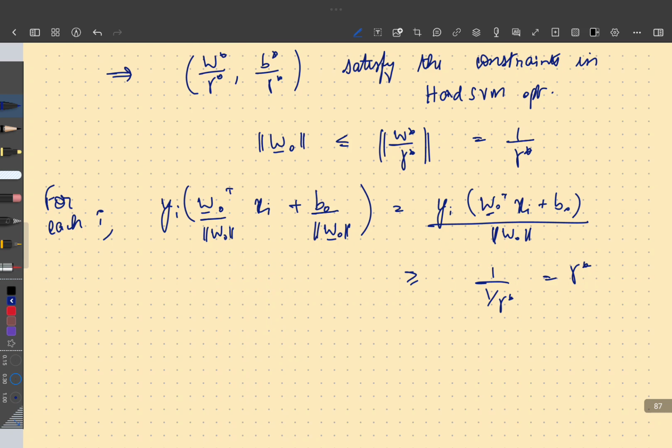But what is this? The left hand side, when minimized over all i, is the margin achieved by W0, B0, the SVM classifier. And the right hand side is the maximum possible margin.